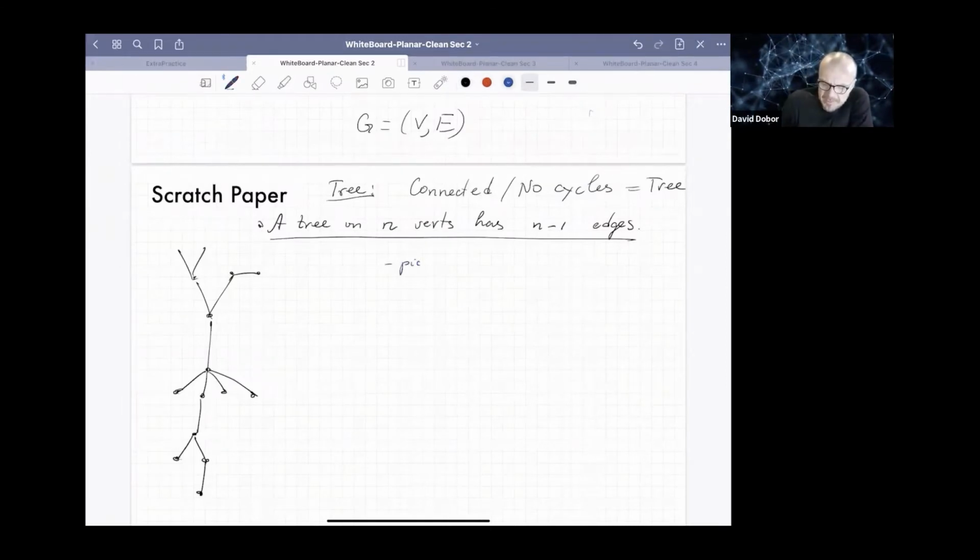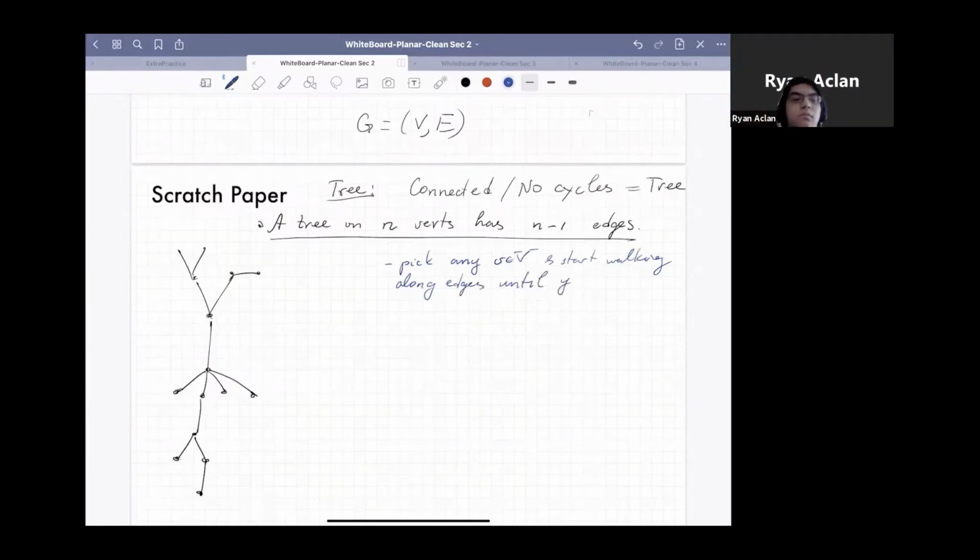Pick any vertex, and start walking along edges until you can't go any more.